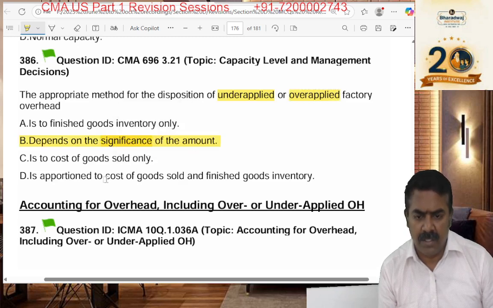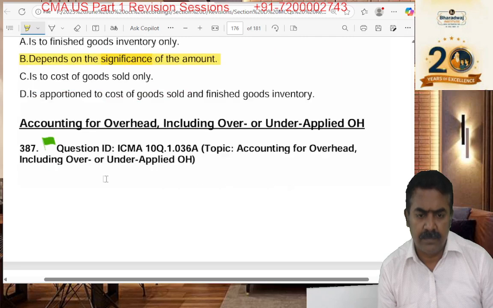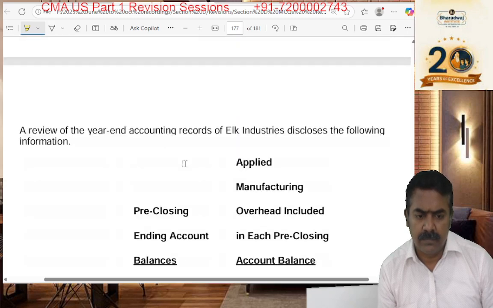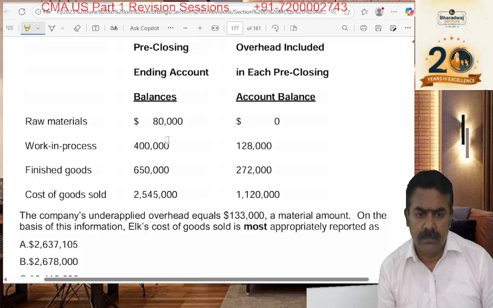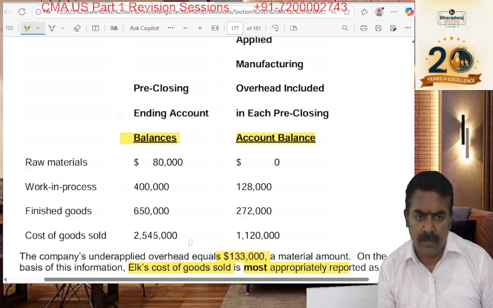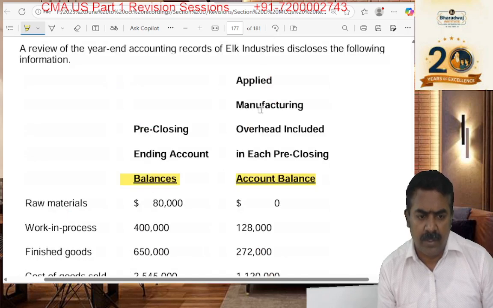Depends upon which one? The amount involved. Applied overheads.